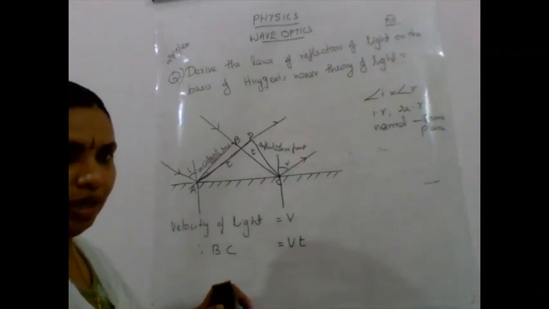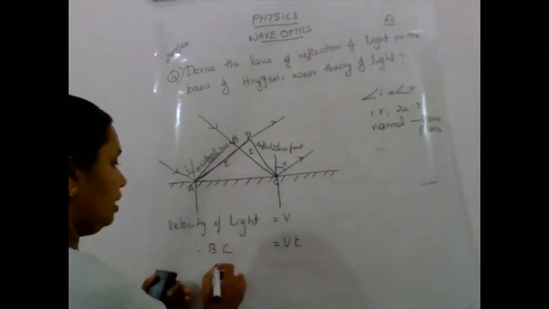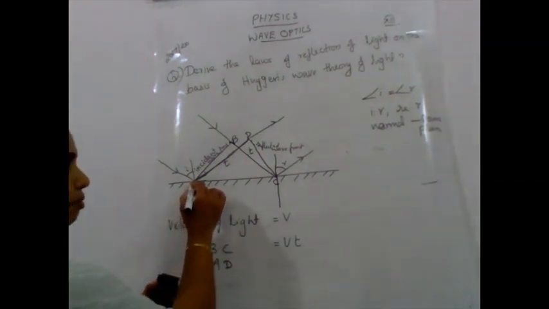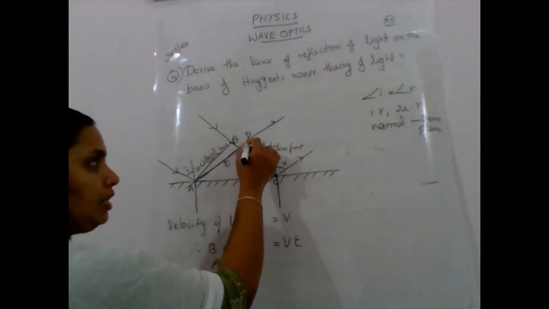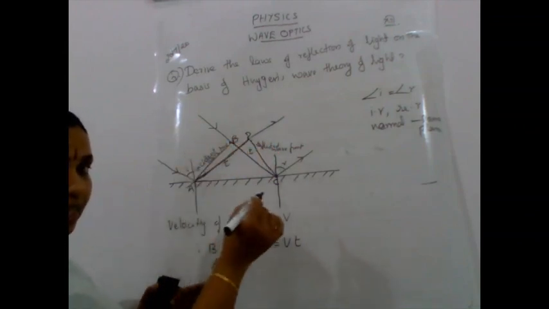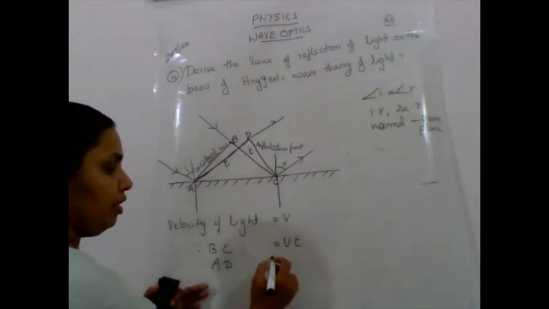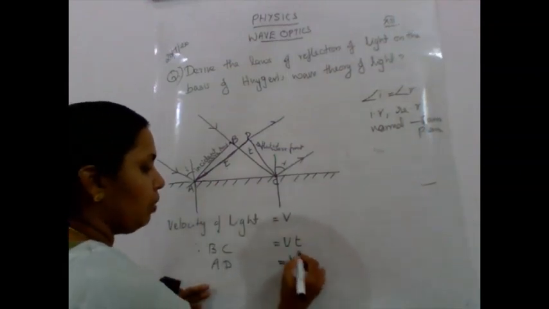Okay. And what is AD? AD is also the same, isn't it? That is, from A, the reflected secondary wavelet reaches D within the time T. And what is the velocity? That velocity is V again, so AD equals VT.